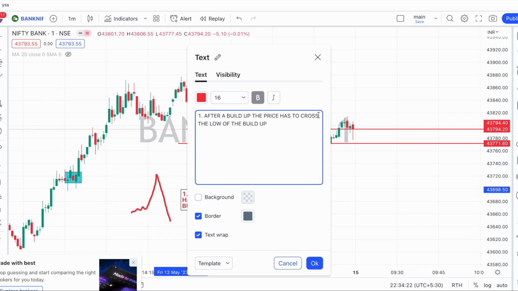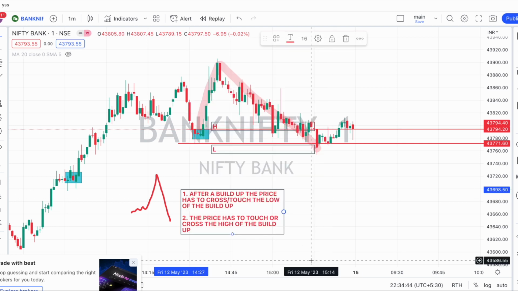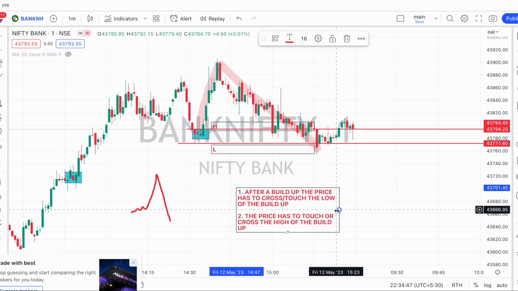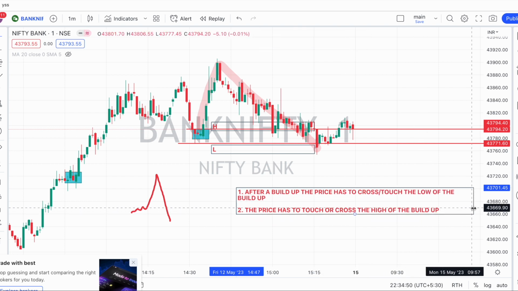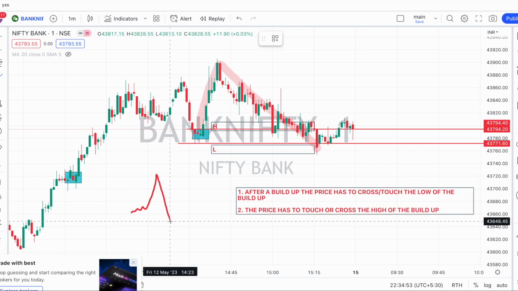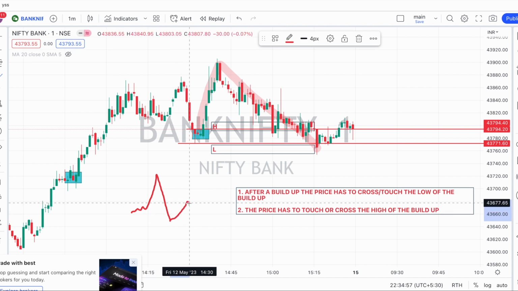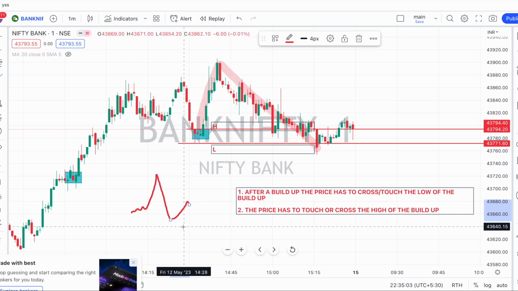It has to either cross or touch, anything should be fine. Now the second criterion is the price has to touch or cross the high of the build-up, which means again the price has to try to cross the build-up. And this kind of structure is called an edge formation.